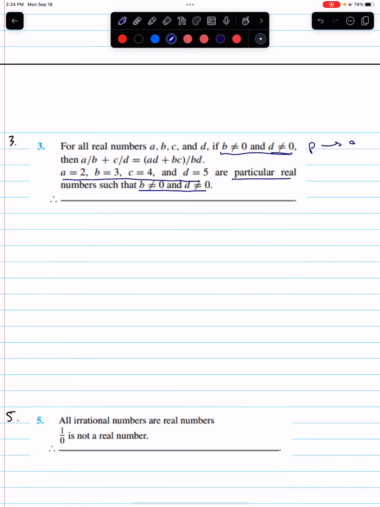This is P, if P then Q, this is P, this is Q. They gave us P. They're saying B is not equal to 0 and D is not equal to 0. Basically what we already said P is. They just gave us P, so now we're trying to tell them Q using universal MP.